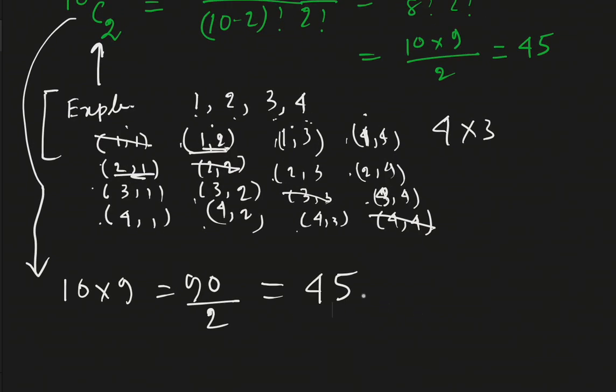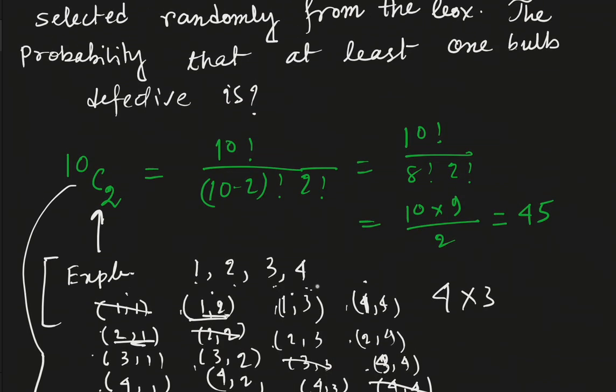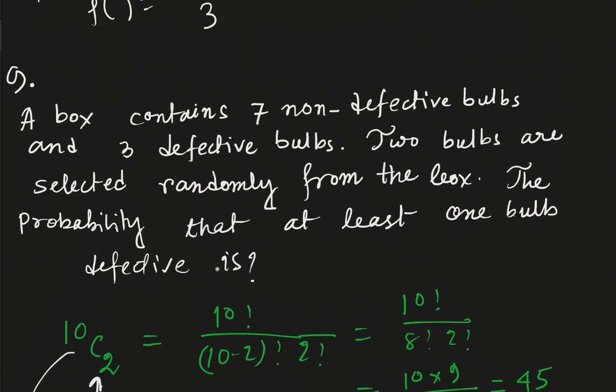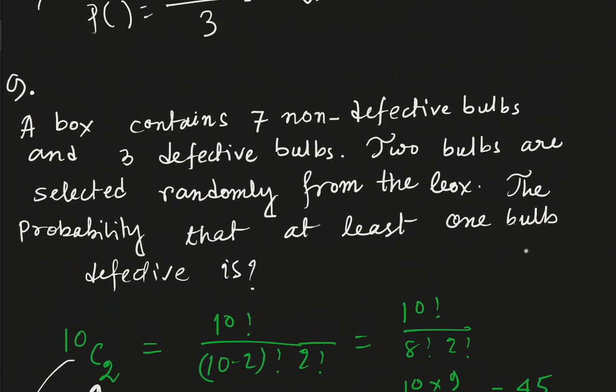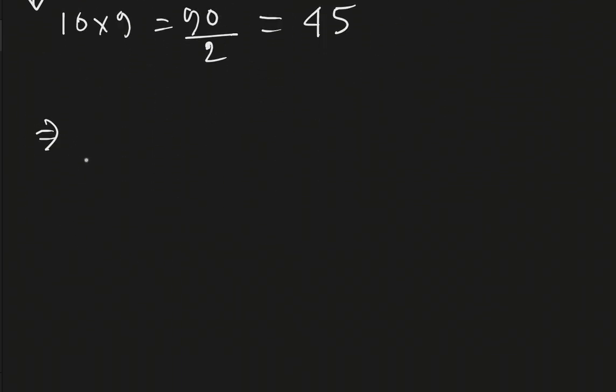So that is the 45 ways you can choose 2 bulbs out of the 10. Now I have to calculate the probability that at least one bulb is defective, right? So I have to calculate what is the probability that one bulb is defective.